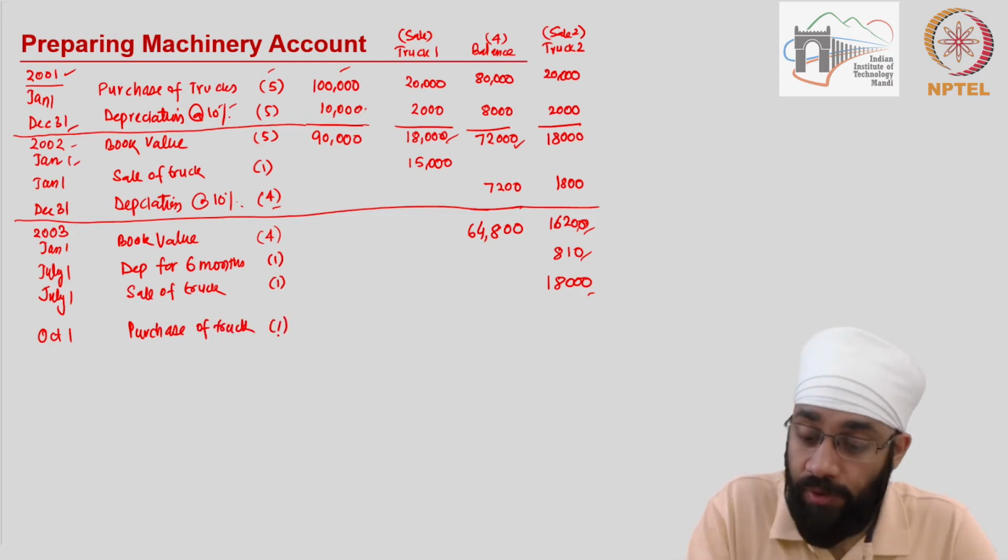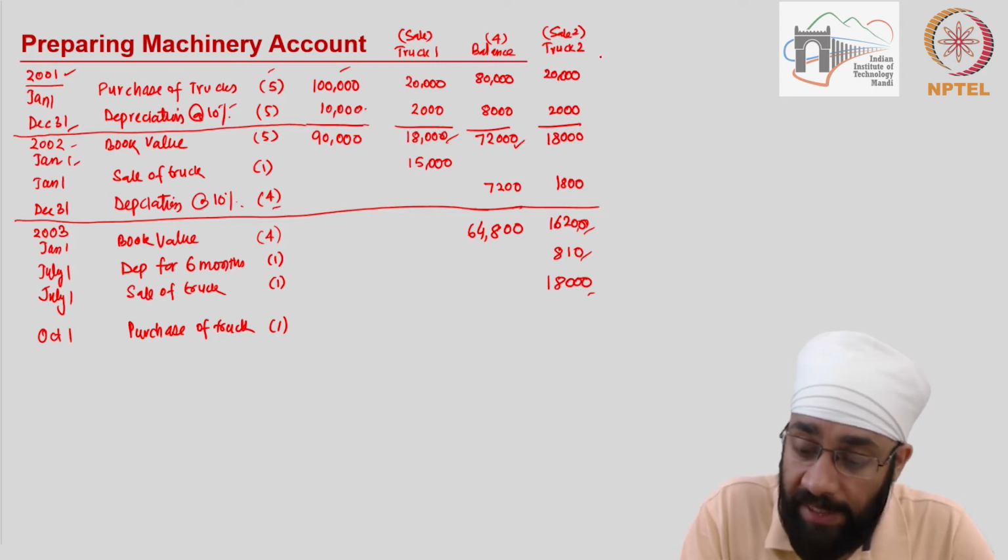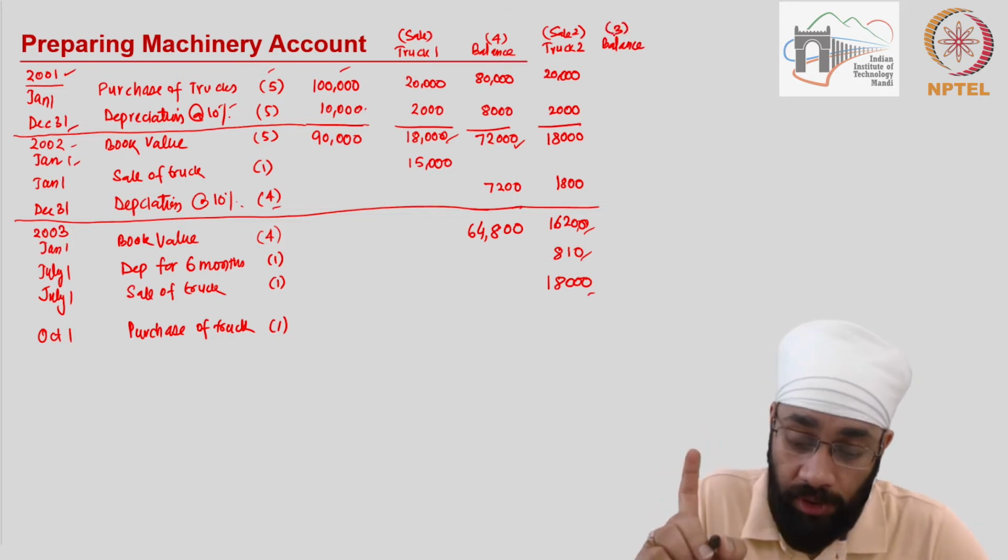Now I have to also calculate the balance here after the second sale. So let me just do that also. Now balance is three trucks. Two trucks have been sold.